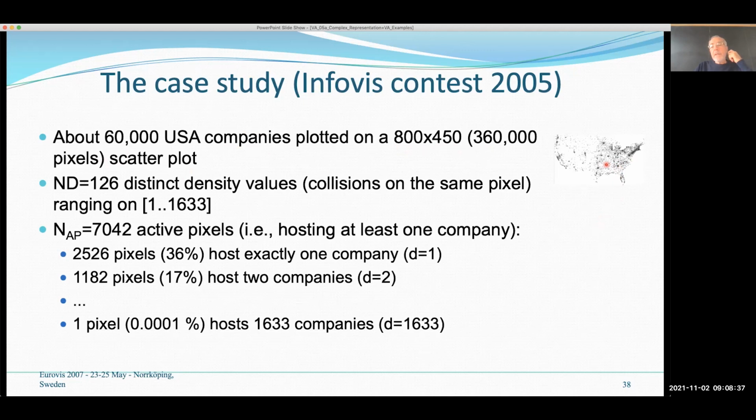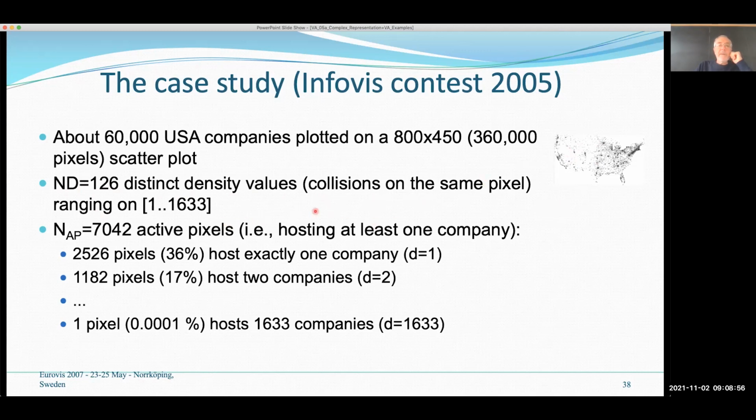And now we're going to analyze the data, how they're plotted. Basically, we have 126 distinct density values. The collision on the same pixel: some pixels are empty, white.